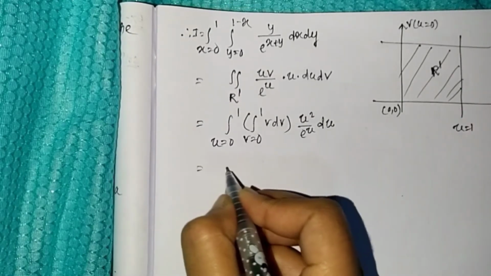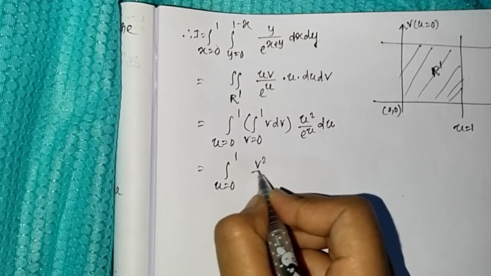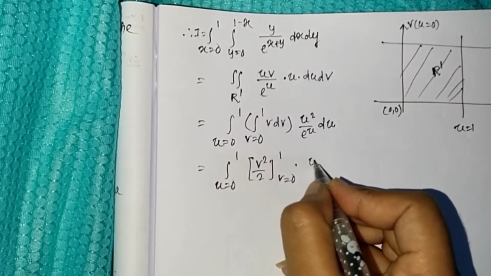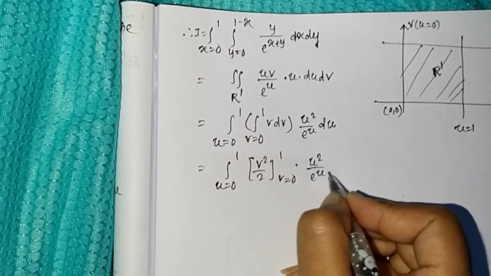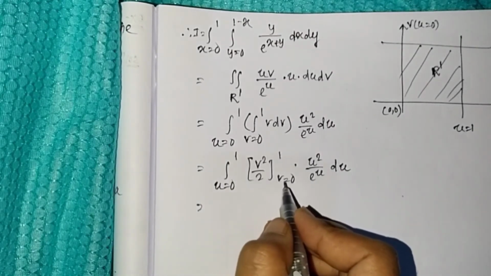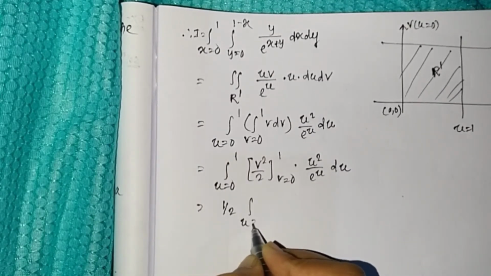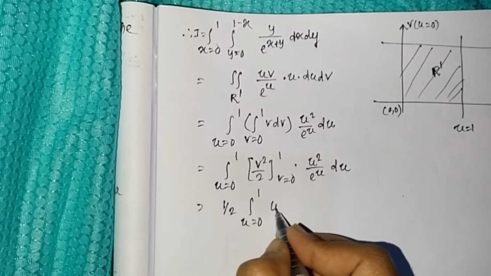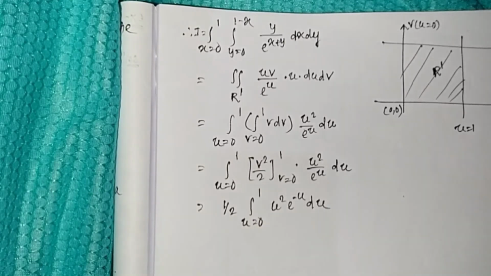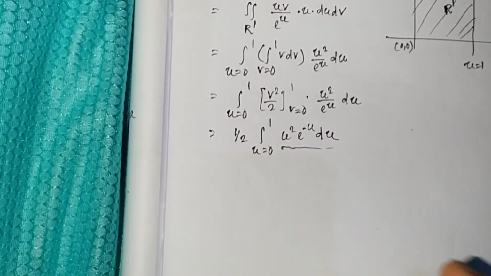Now from integration, u is from 0 to 1, that is v square divided by 2, v is from 0 to 1, and u square divided by e to the power u du. So that is 1 by 2, and for 0 it vanishes, 1 by 2 goes outside, u is from 0 to 1, u square e to the power minus u du. So we solve this integration by using Euler formula.